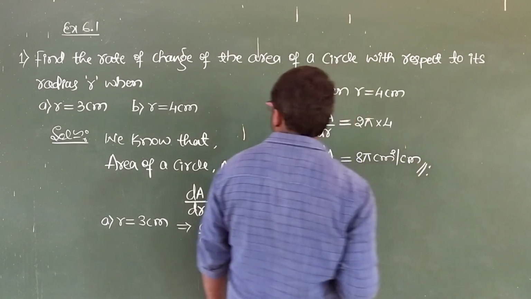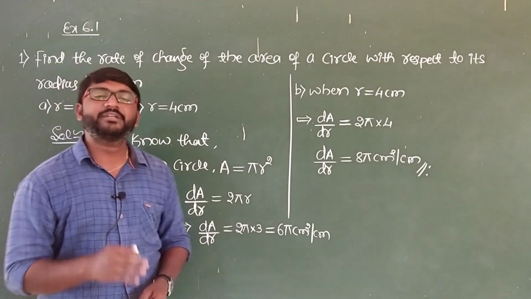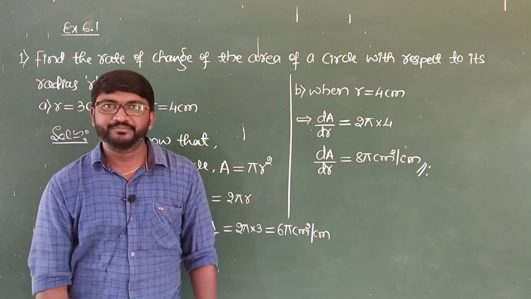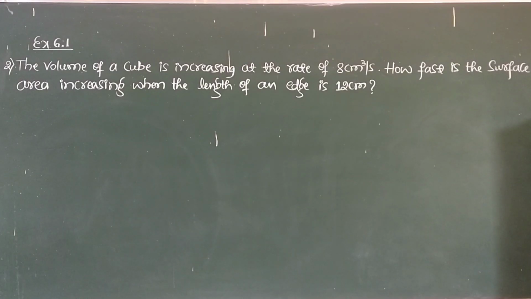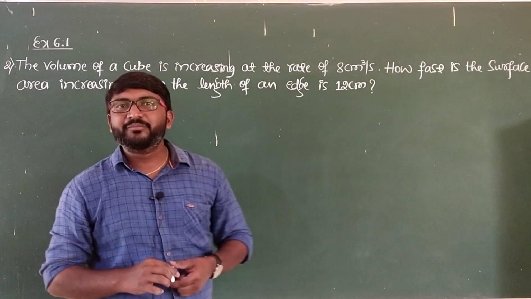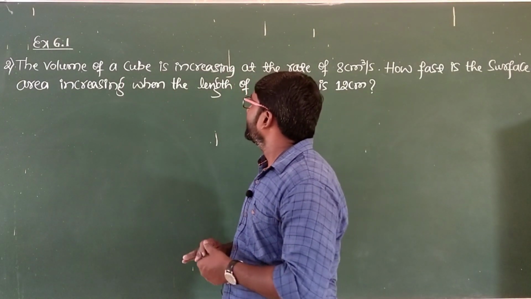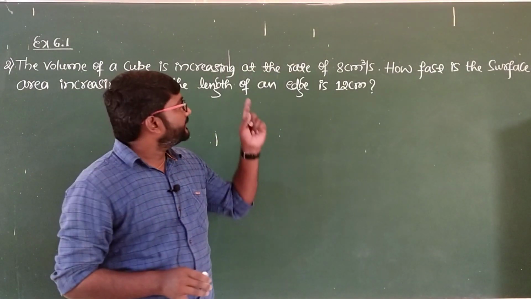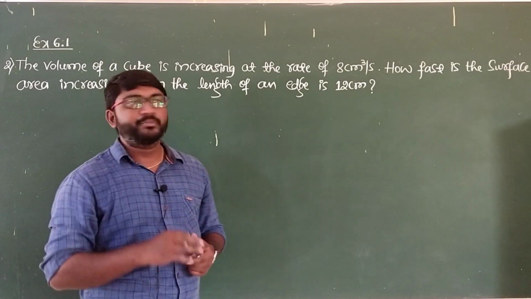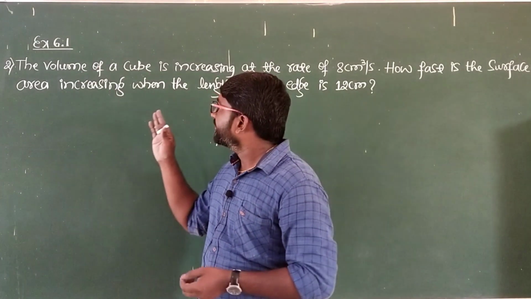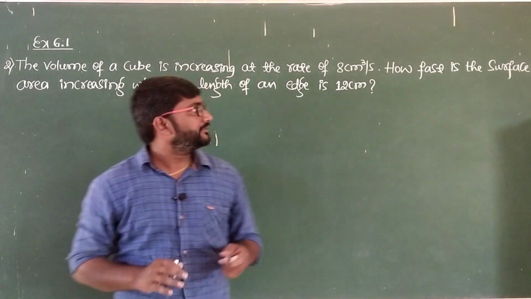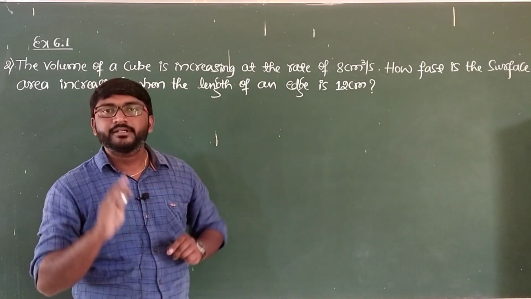So this is all about the first problem and then we'll go for the second problem. Well, the second problem is: the volume of a cube is increasing at the rate of 8 centimeter cube per second. How fast is the surface area increasing when the length of an edge is 12 centimeter?